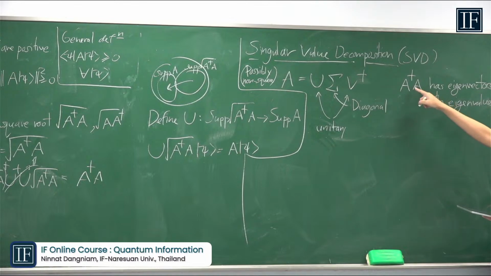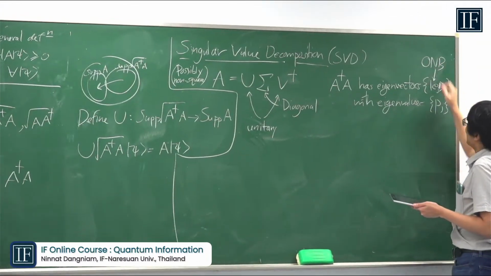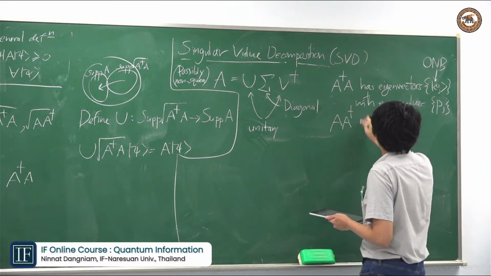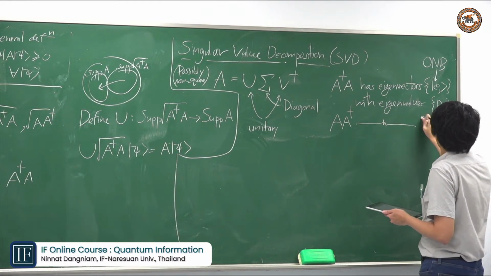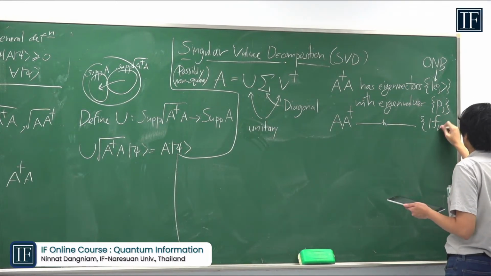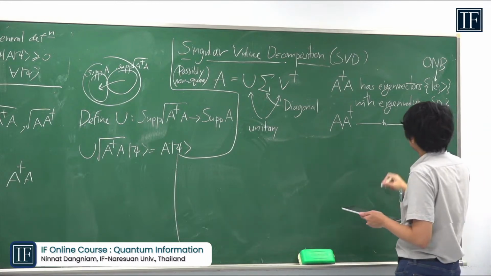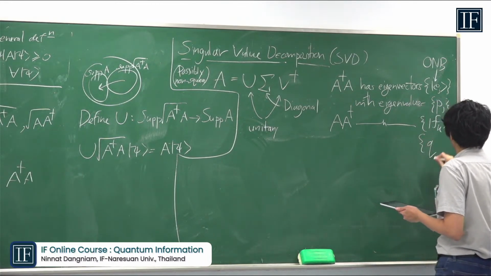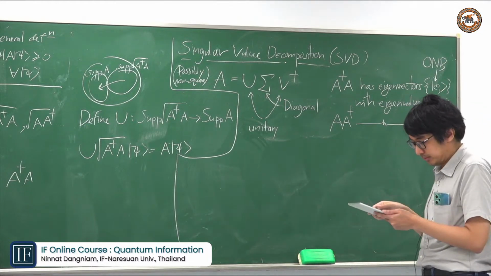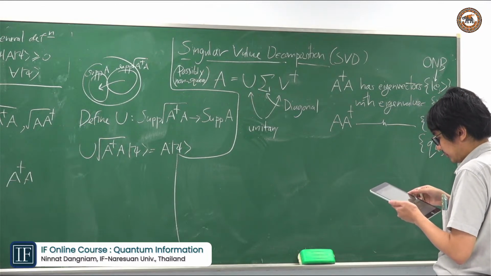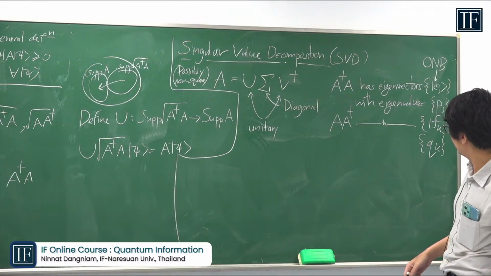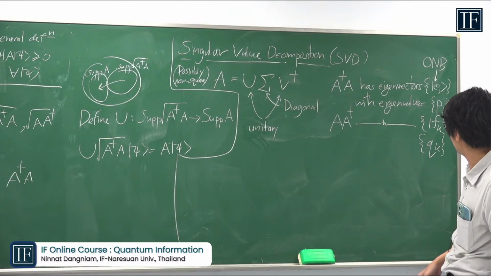Since this is Hermitian, these can always be chosen to be orthonormal. And in the same way, A A dagger has eigenvectors F_j, F_k, whatever, with eigenvalues q_k.